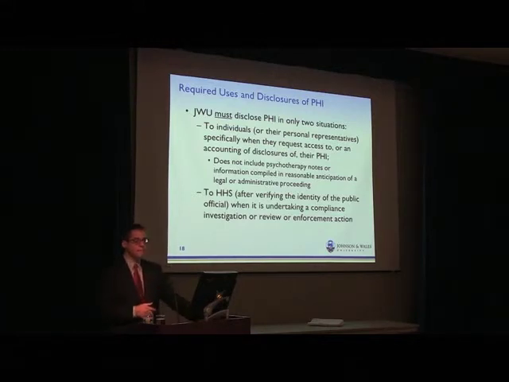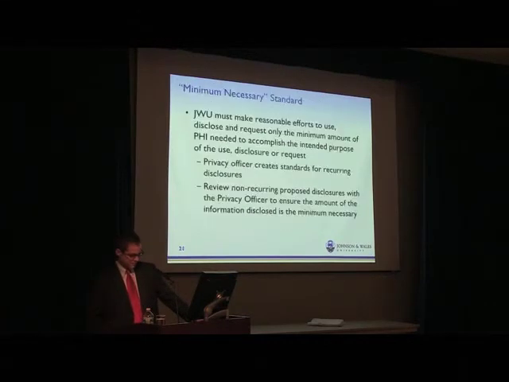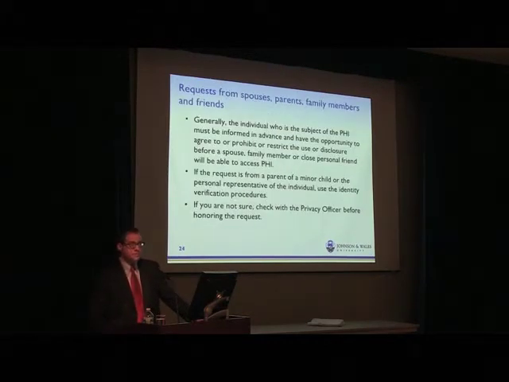So how would you verify that over the phone if you receive a call? The question is how you would verify who the personal representative is over the phone. Typically, when the individual signed up, they would have listed representatives on their form who could receive information. If not, you'd want to contact the individual directly and get their approval first.